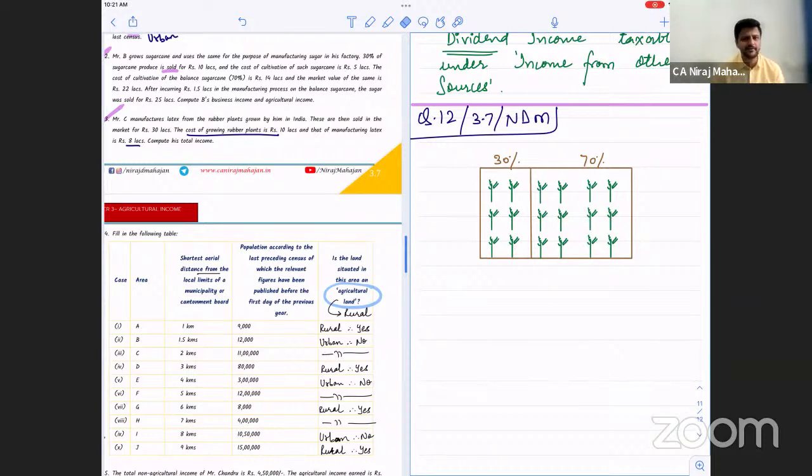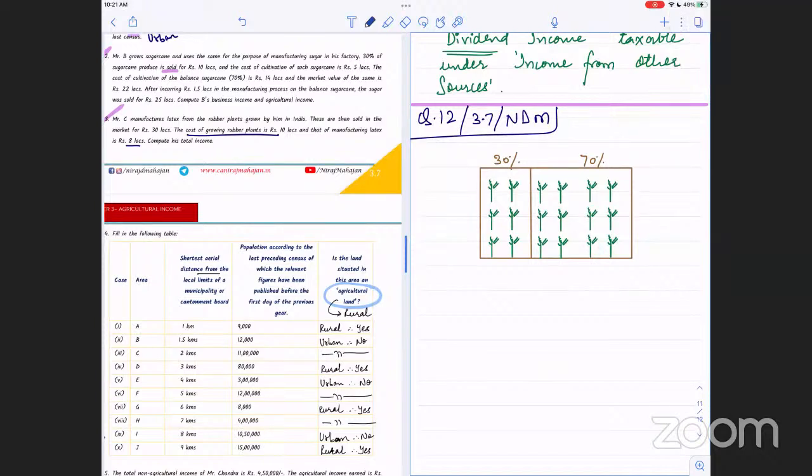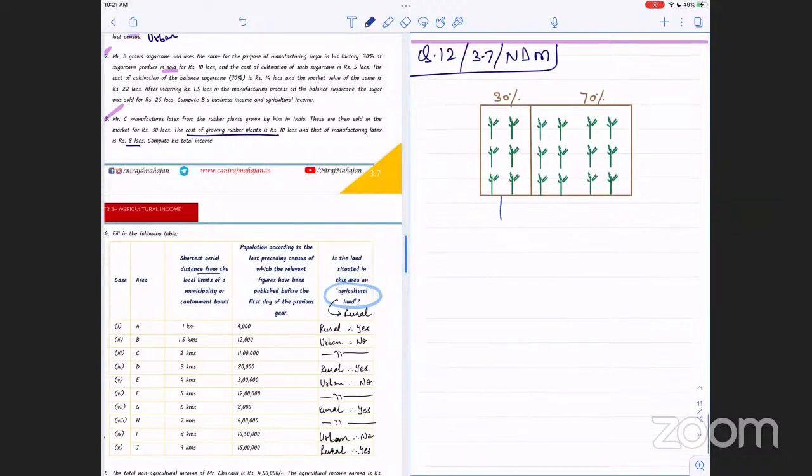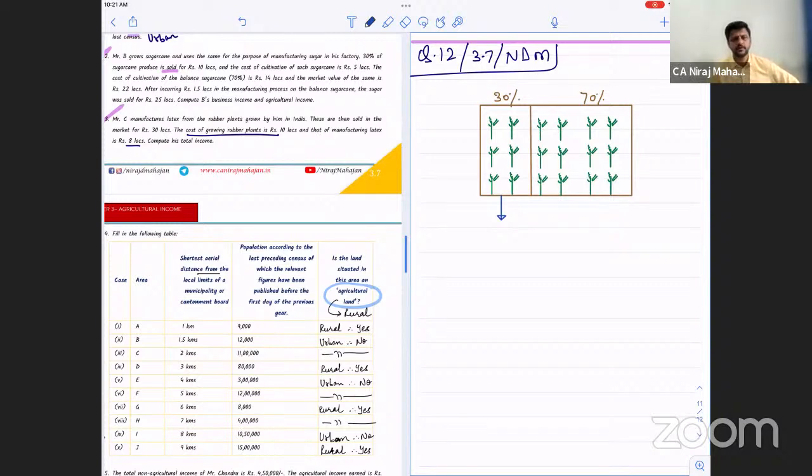Now, what is happening with 30% of the land? You can unmute and tell me. Nitin, what is happening with the 30% agricultural produce? Is he sending it to the factory or the market? Cultivation. What do you mean by cultivation? Cultivation means growing. I have grown everything. Okay, cultivation is everything.